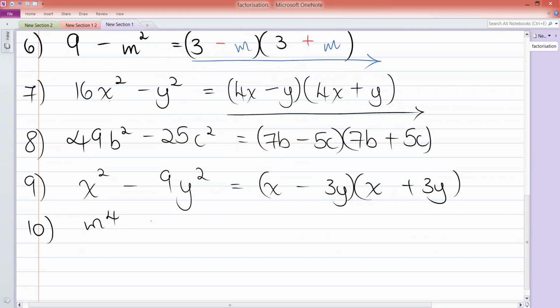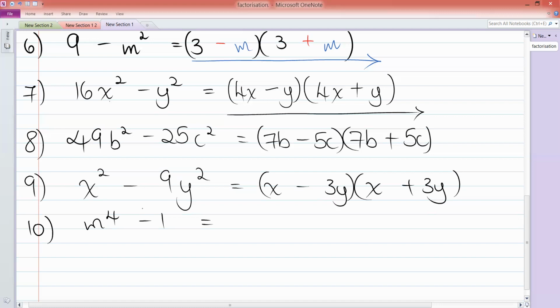Okay. Now let's look at this one. M to the power of 4 minus 1. Right. Now we're moving on to higher powers. When you have an even power, like x squared or x to the power of 4 or x to the power of 6, those are all even powers and you can find the square root of those even powers. So how would I factorize this one? This is also a difference of two squares because the number 1 is actually a perfect square.